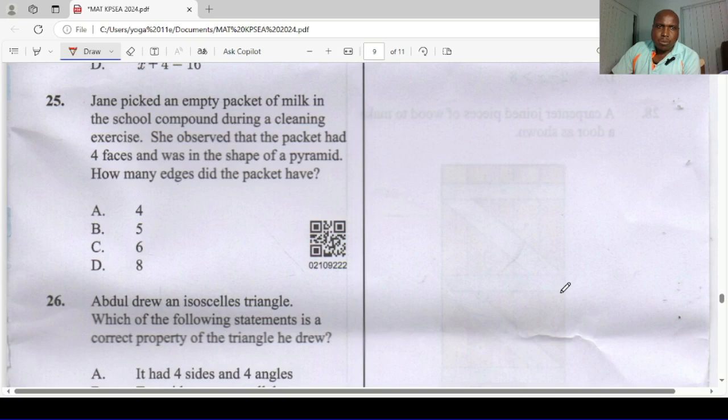Jane picked an empty packet of milk. She observed 4 pieces. How many edges? So an empty milk looks like this.